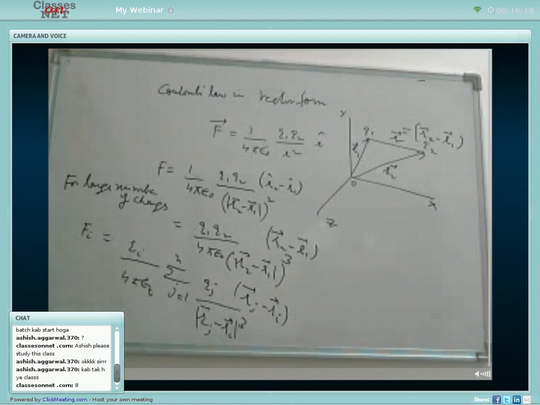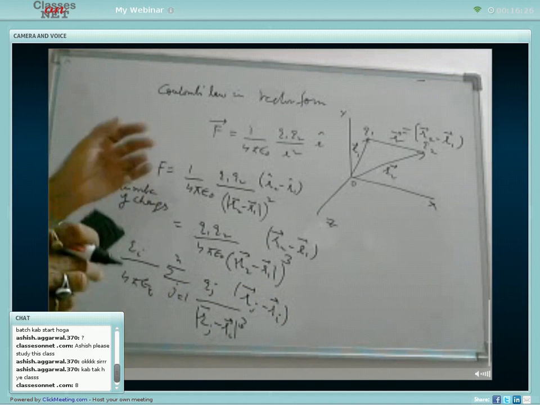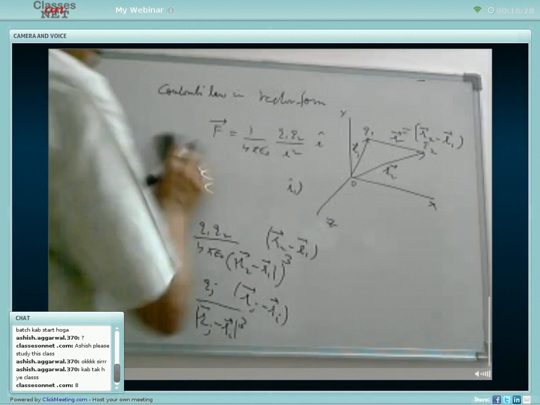So if there are a large number of charges, j going from 1 to n, and on the ith charge, this is the force according to Coulomb's law.